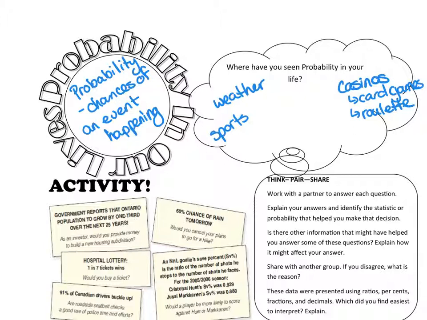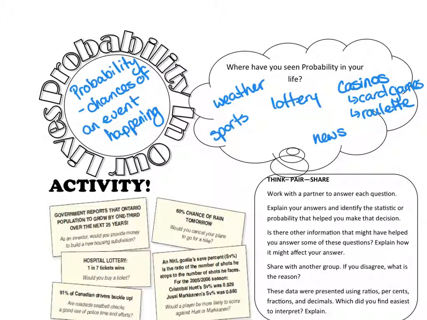What else? You may have also thought of a lottery. In the news, they use that a lot. Couple different examples. If you thought of more, that's perfect, but that's just to get us started.